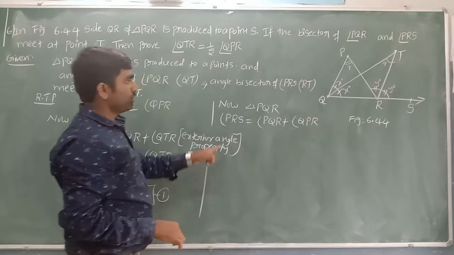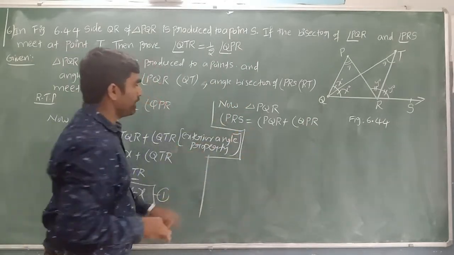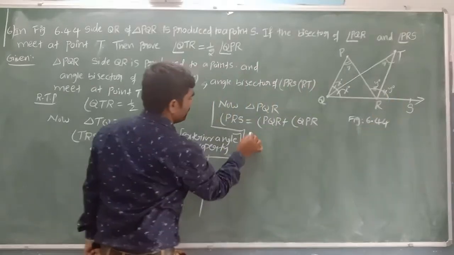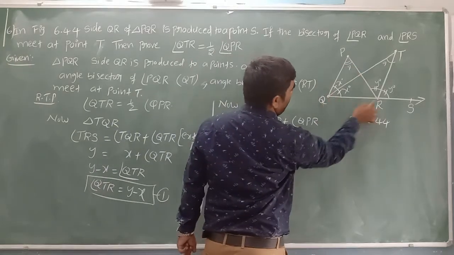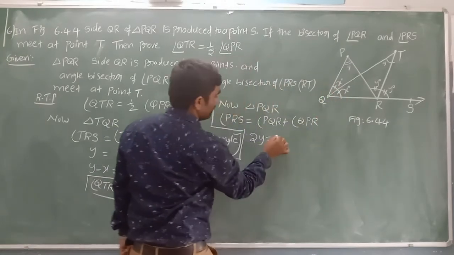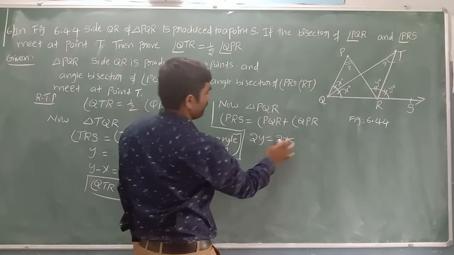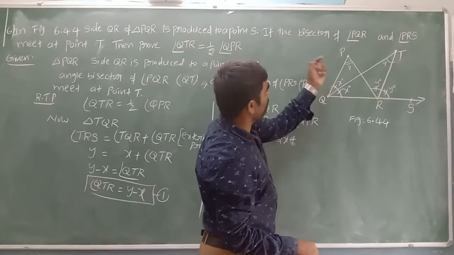So what is PRS? PRS is y plus y, 2y. 2y is equal to PQR, this total angle x plus x, 2x, plus angle QPR. What is QPR?